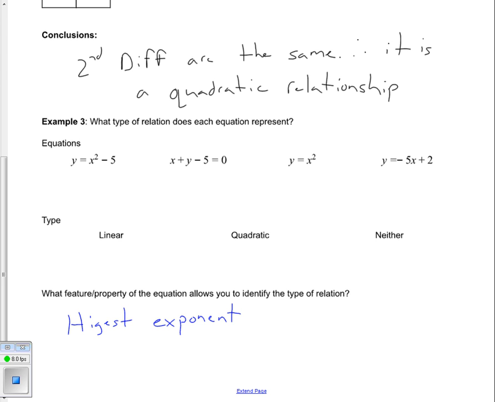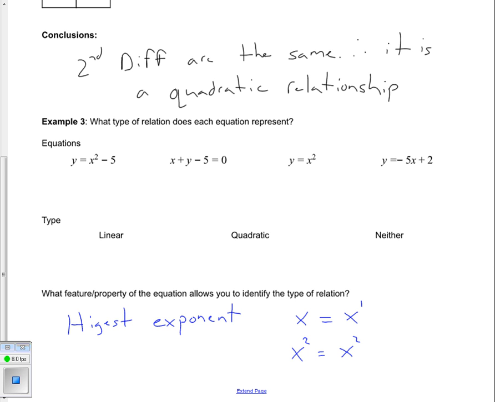Okay? So for example, if you have just an x that doesn't look like it has an exponent, what that actually means is x to the exponent 1. If, however, you have an x squared, that means x squared. Okay? And what's really cool about this is that the number value of the exponent is going to actually determine which differences are the same.